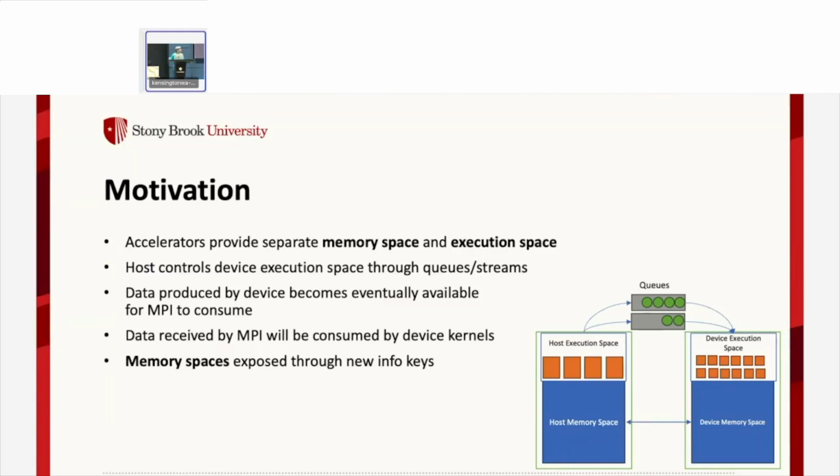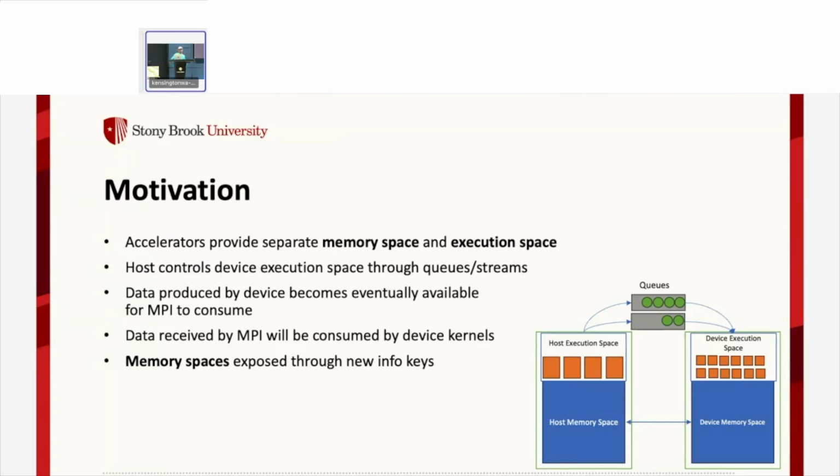They put work in the stream and it eventually gets executed on the device. The data gets produced in device memory, so there's a separate memory space. In many cases that might change at some point. But MPI will take the data out of the device memory space and put it on the network.